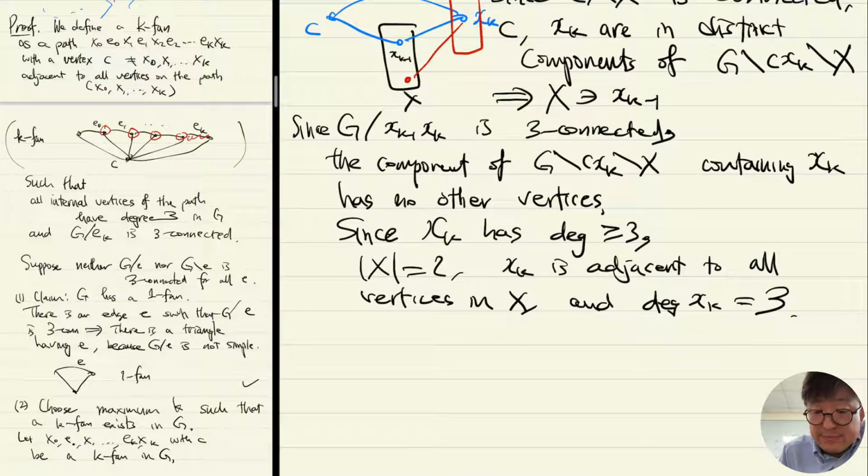Okay. So let's call this vertex xk plus 1.